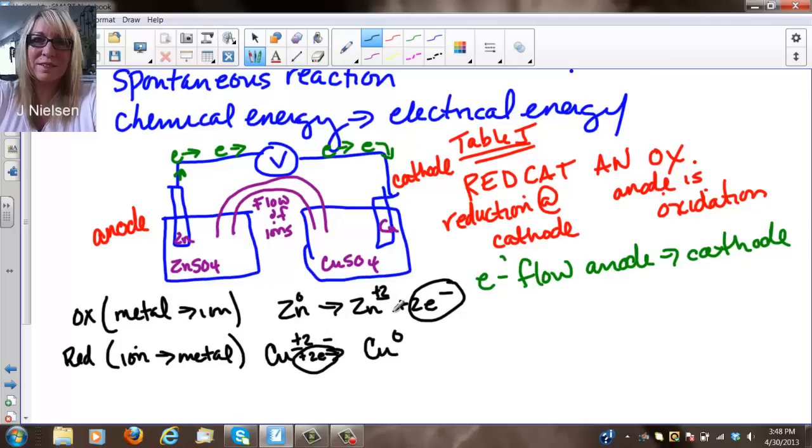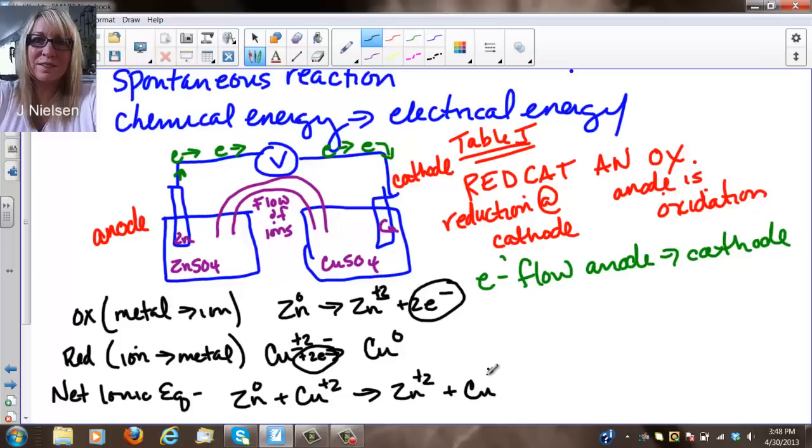See how we did that? These are balanced. So our electrons would cancel, and our net ionic equation here would simply be what's left: Zn0 plus Cu plus 2 yields Zn plus 2 plus Cu0.